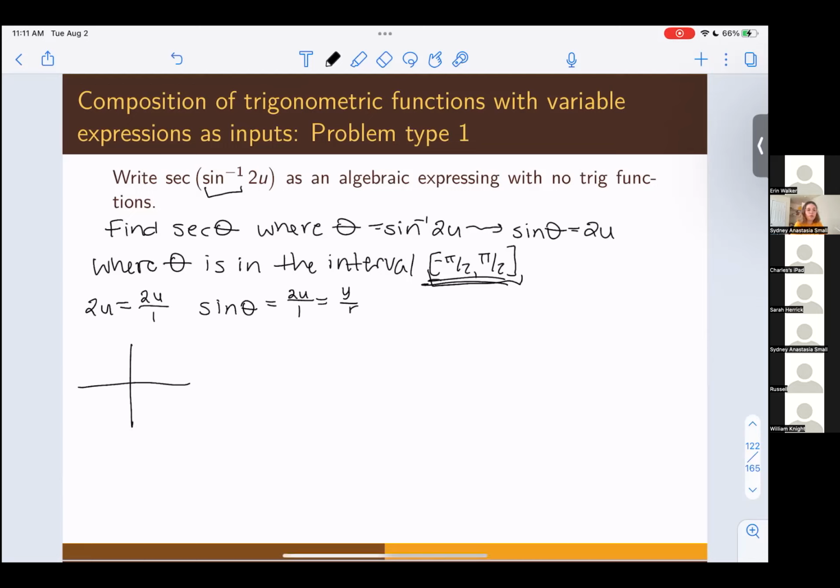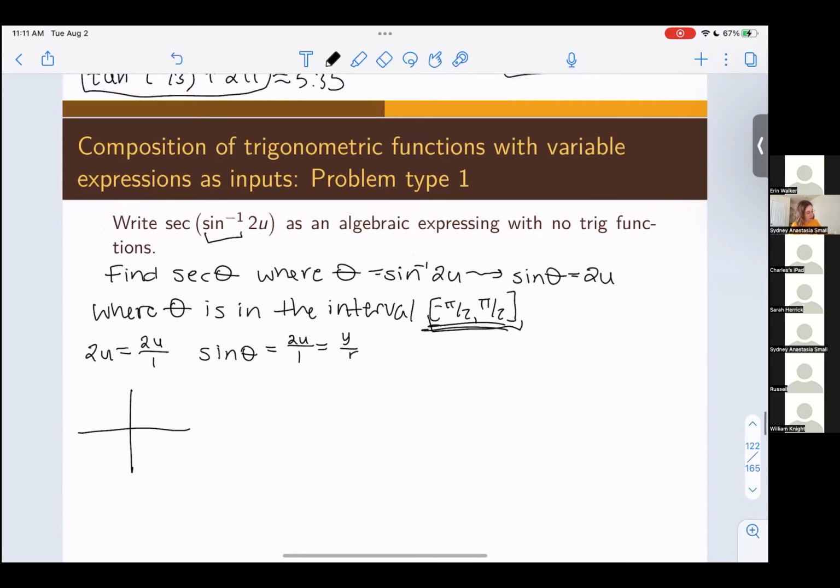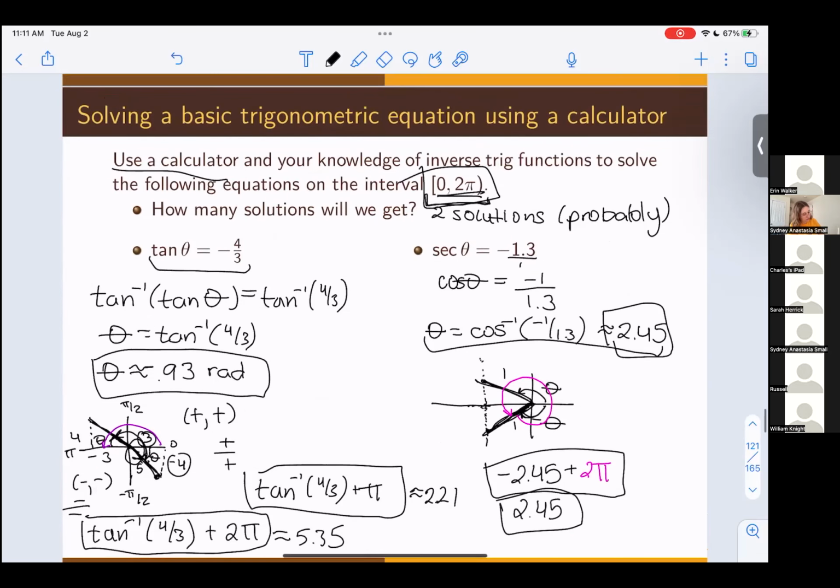Now, which quadrant is this going to be in? Is this going to be in quadrant 4, quadrant 1? Well, good news, we don't actually know. Why is that? Because normally in past problems, like for example, the cosine of -1 over 1.3, we knew that was going to be in quadrant 2 because it immediately gave us that the x coordinate we were working with was negative.